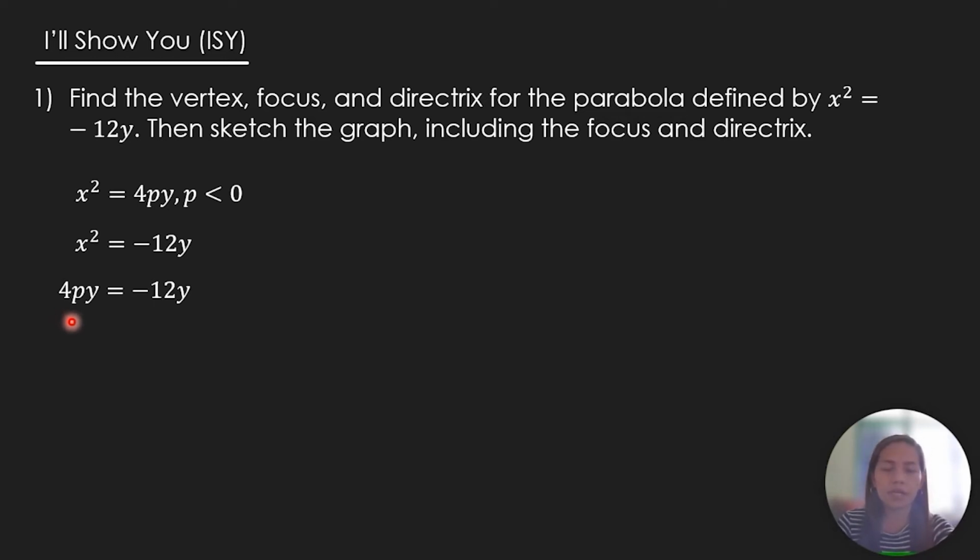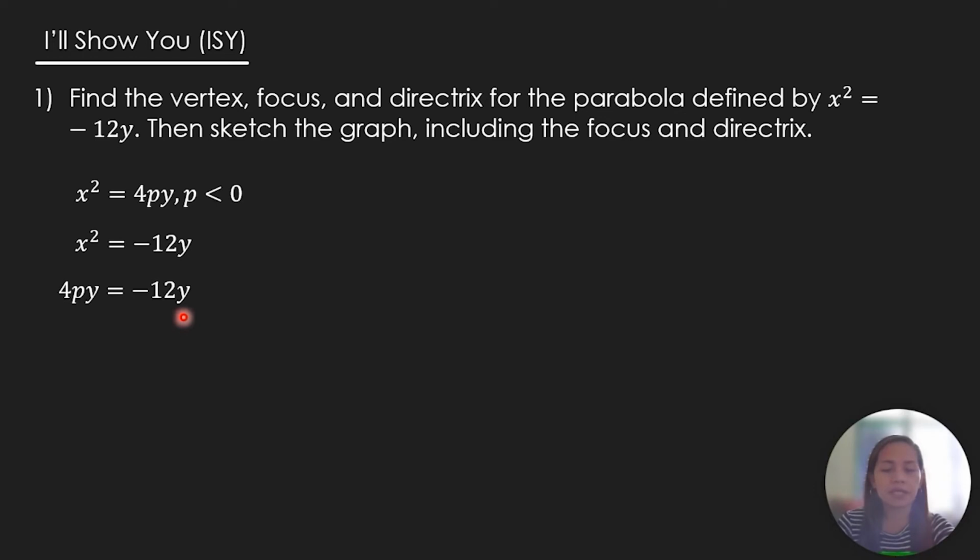Now, since we want to solve for p, that means the 4 and the y should be removed. To do that, of course, we divide by 4y here so that it becomes equal to 1. And since we divide by 4y on this side, you also have to divide by 4y on the right side of the equation.